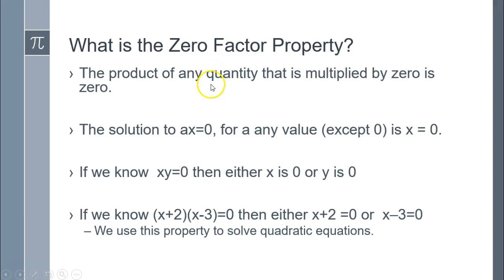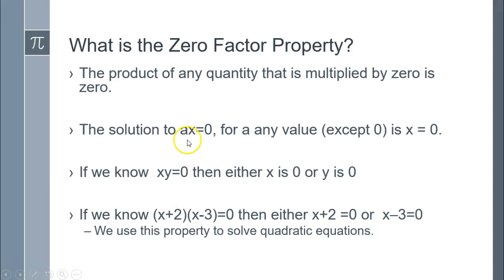In order to solve these equations, it's actually a fairly simple technique, but you have to have thought about what it means to have 0 as the product of two quantities. Anytime you multiply anything times 0, you get 0. So if you're told two things multiplied together come out with a result of 0, it means one of them was 0.